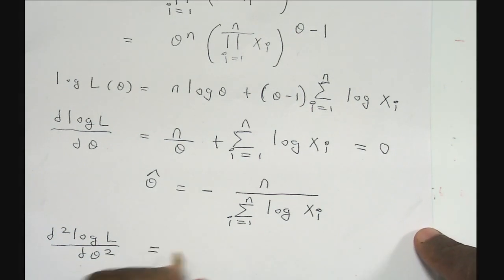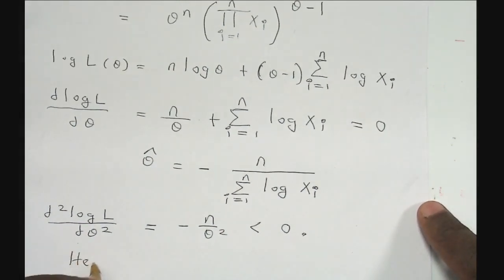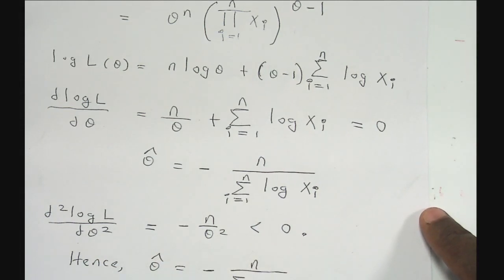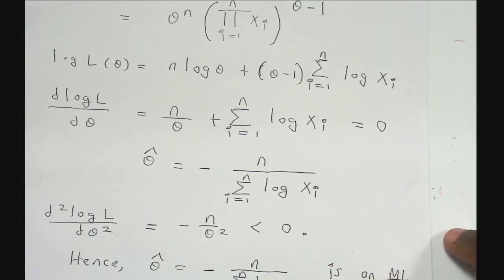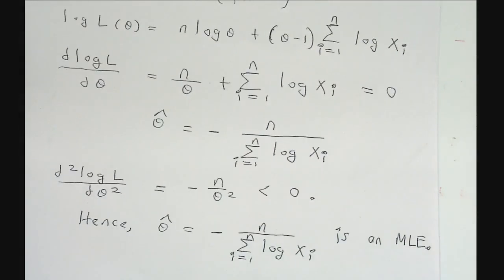In this case, it is minus n by theta squared, which is indeed a negative number. Hence, theta hat is an MLE. All right, so that completes question 1, guys.